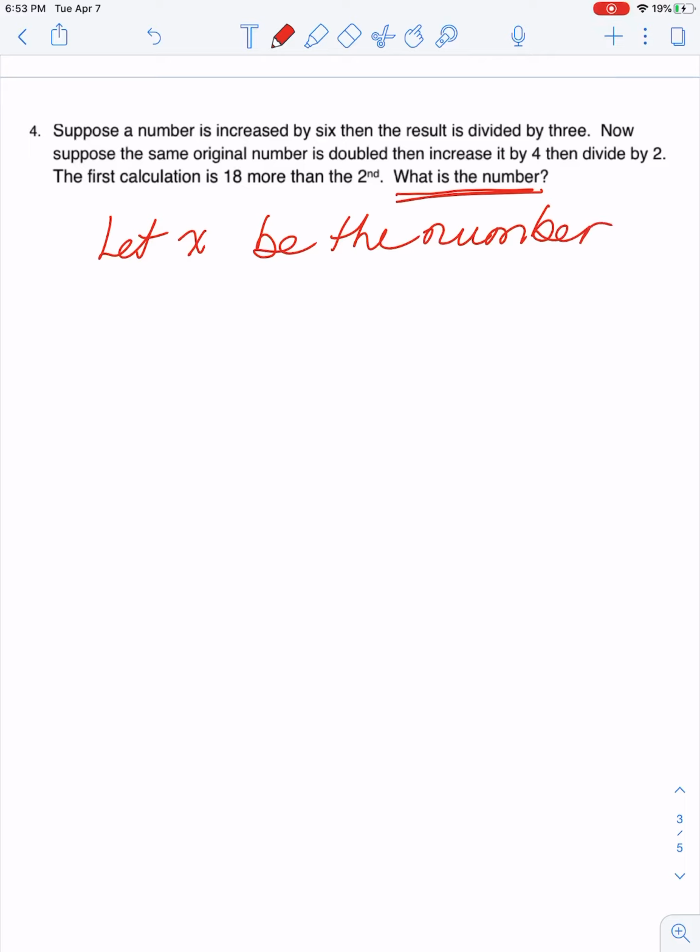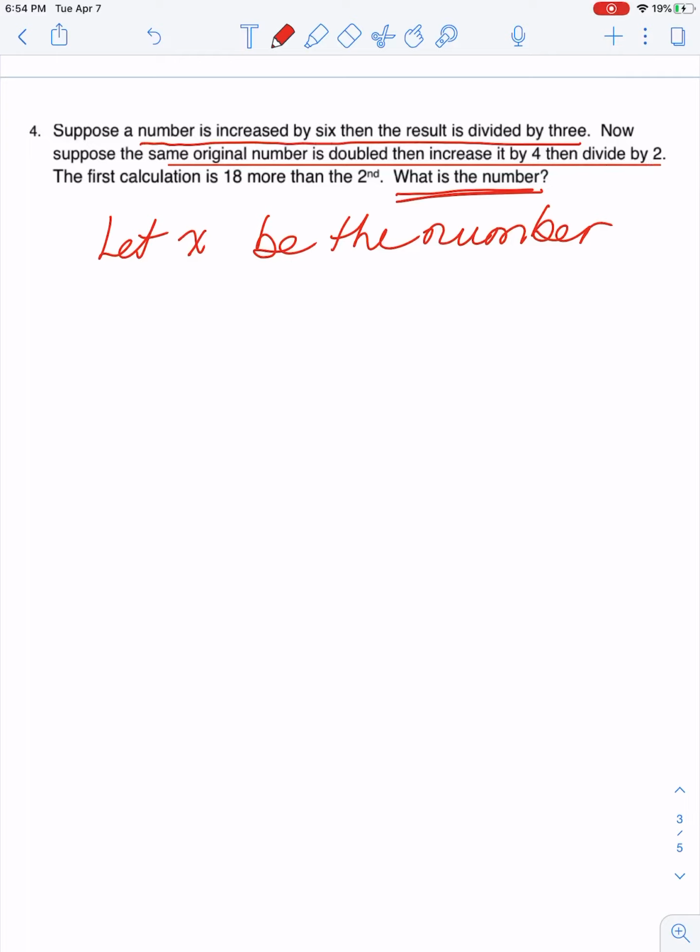Now, I take a look at the other stuff that's in the problem and I try to make sense of that. So it says a number is increased by 6, then the result is divided by 3. And then it says the same original number is doubled, then increase it by 4, then divide by 2.